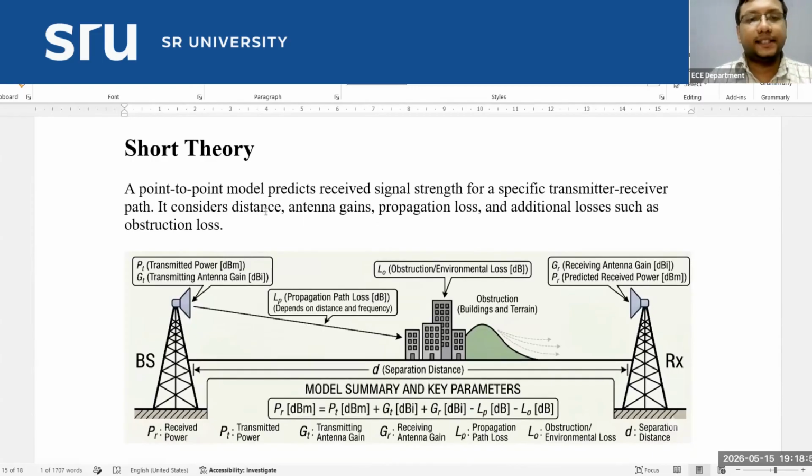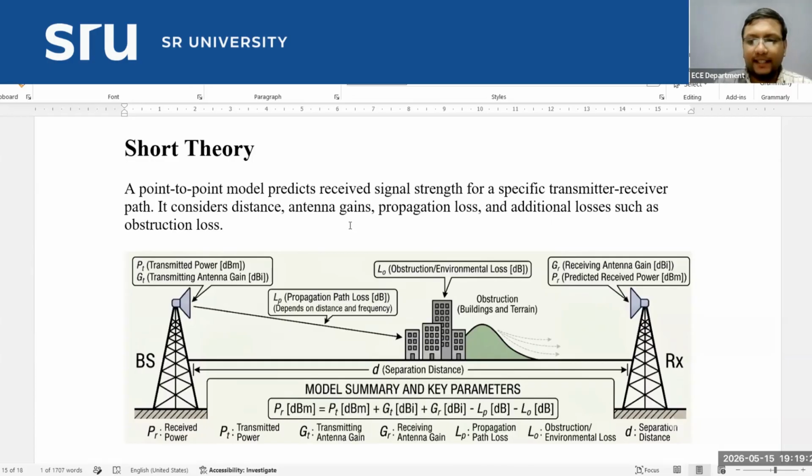It considers distance, antenna gains, propagation loss, and additional losses. There might be some scattering, some diffraction, etc., which through ray tracing path is not considered. So a total loss is considered as additional losses or obstruction losses. But the model remains point to point.